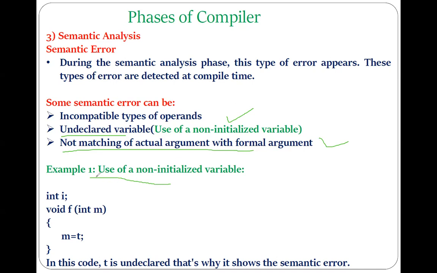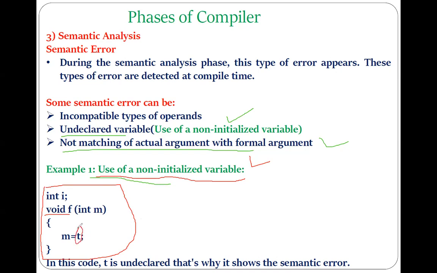Now here you can see the first kind of error which is detected by the semantic analyzer as a semantic error: use of a non-initialized variable. If you see this fragment of code, you can see you have declared the variable i, and in the function f, you have utilized the variable t.